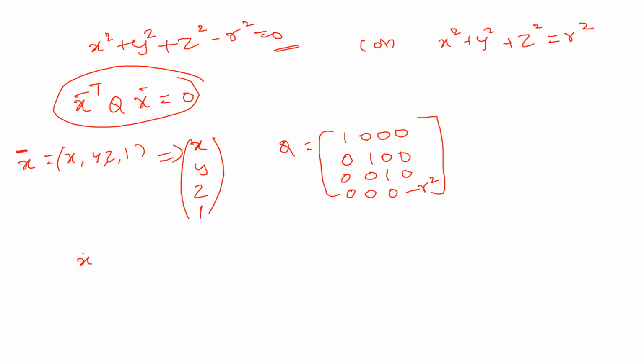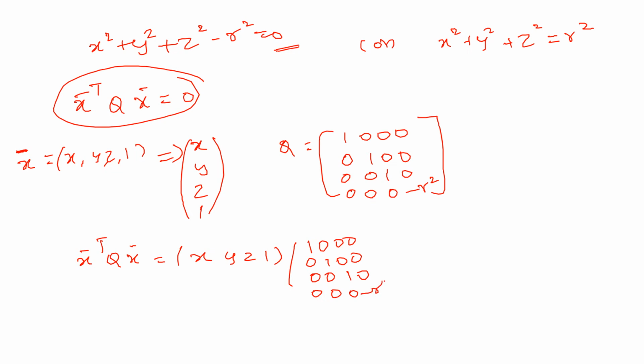Let us substitute in the equation x bar transpose q into x bar: the transpose of x bar, the q matrix 1 0 0 0, 0 1 0 0, 0 0 1 0, 0 0 0 minus r square, and x bar is nothing but x y z 1.